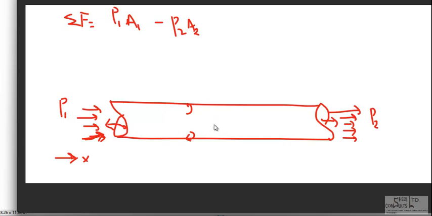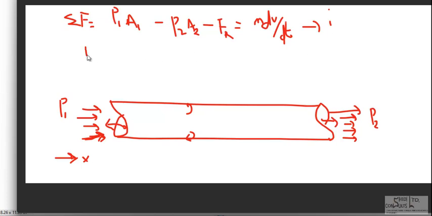The friction forces will oppose the flow of motion. So minus FR, the friction force, is equal to mass times acceleration, dV/dt. Let's call that equation 1.